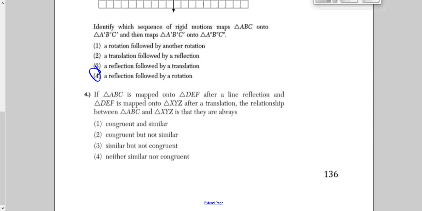Is there a scale factor for dilation that makes things congruent? We talked about it. What? One, right? So dilation makes things similar, but at the scale factor of 1, they're also what? Congruent. So what do you think about the answer here, number 4?